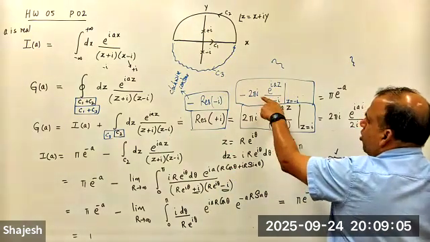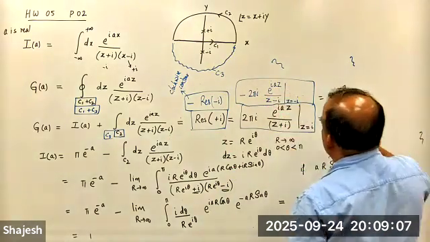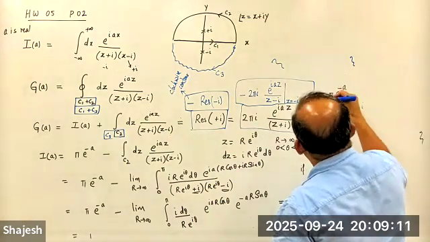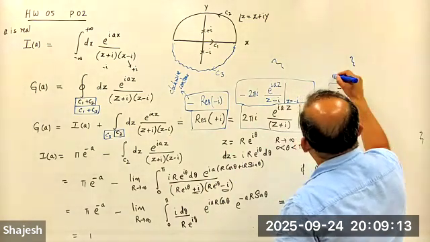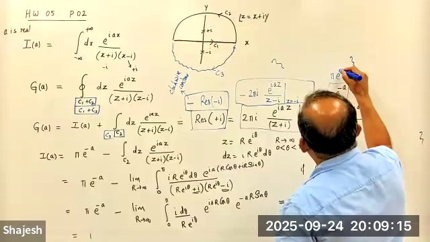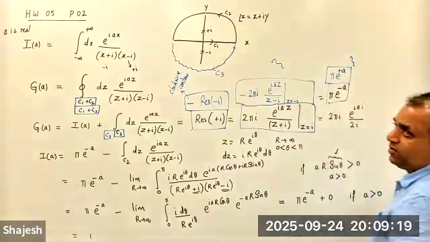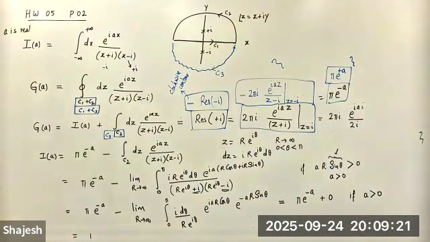The 2i cancels out, and the answer will be, instead of this, pi times e raised to plus 3. Is that clear? Yes.